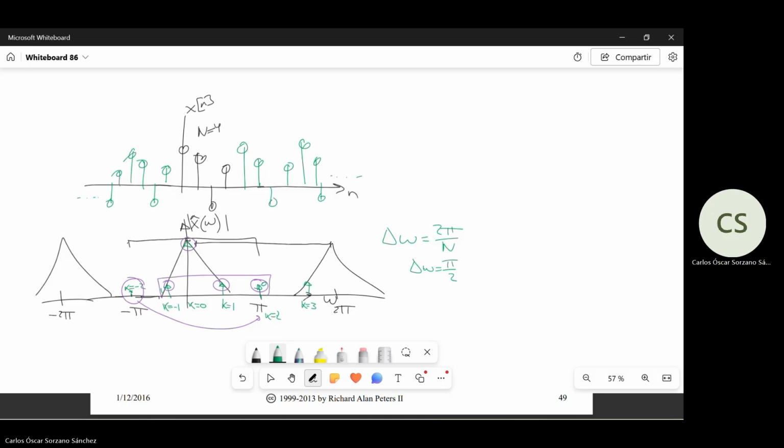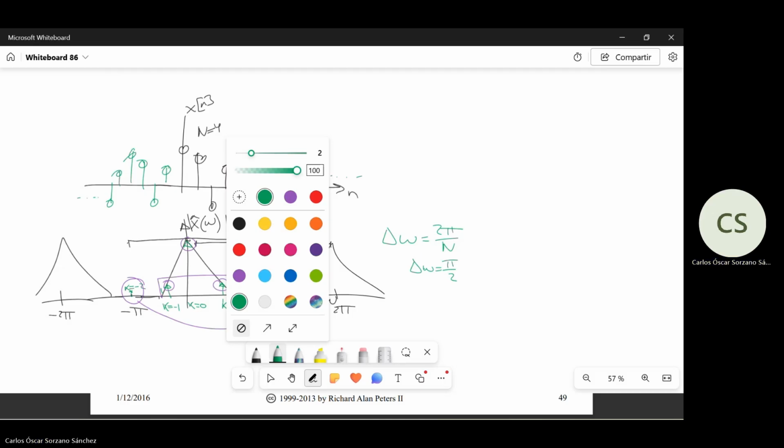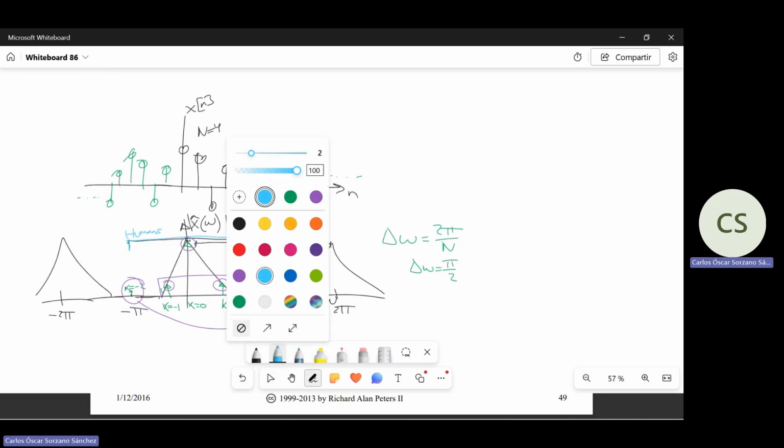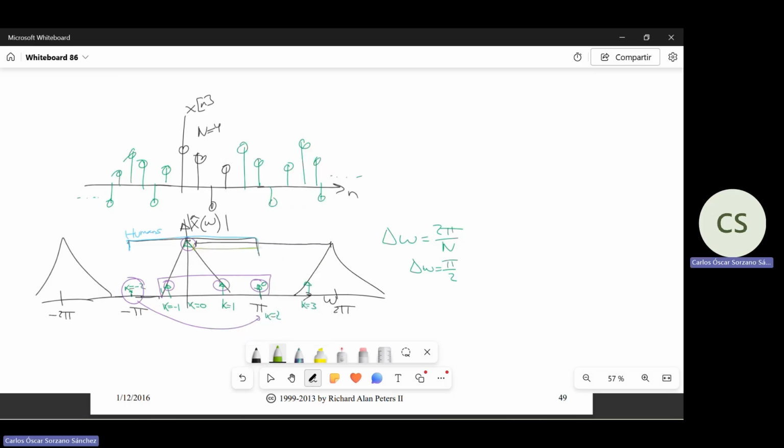So let's represent, we use 2 colors. So this is the way humans like to think of the Fourier transform. Let's see also a different one. And this is the way computers like to think of the Fourier transform.